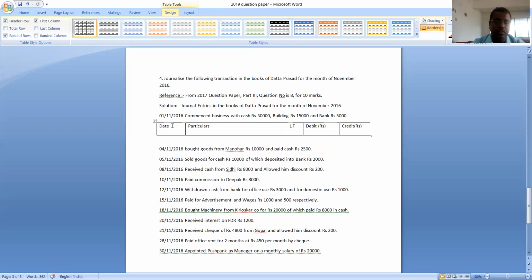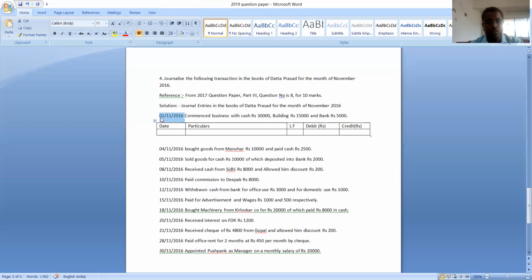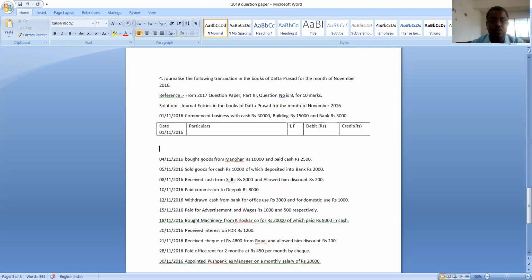What is the first transaction? The first transaction is dated 1st November 2016. What is the transaction? Commenced business with cash rupees 30,000, building rupees 15,000, and bank rupees 5,000. Quite an interesting transaction.